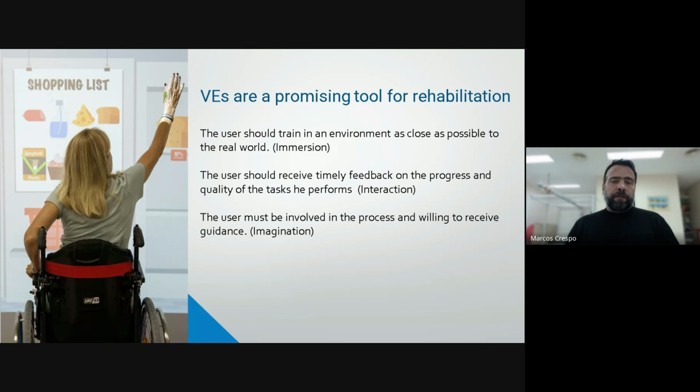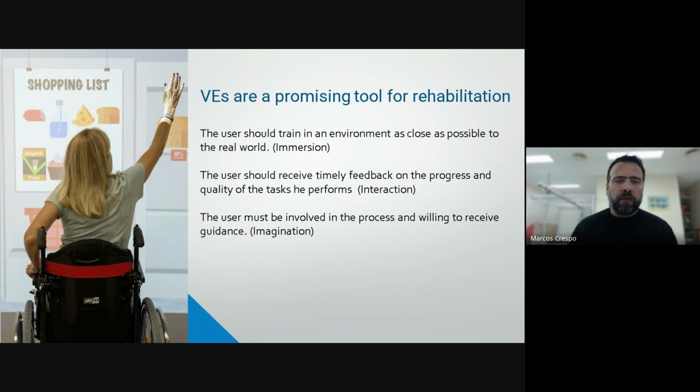So there is a concept about virtual reality systems in general, not only for rehabilitation, that talks about the three I's: immersion, interaction, imagination. This is a definition of each one. Immersion tells us that the patient should train in an environment as close as possible to the real world, and has to be related to the quality of our system.